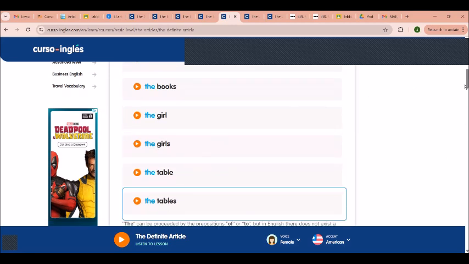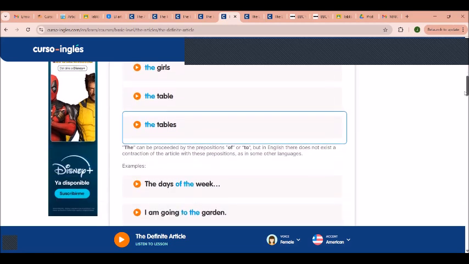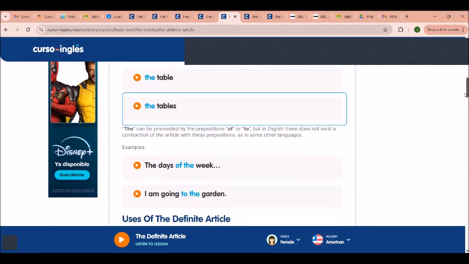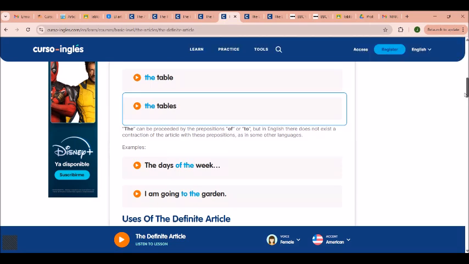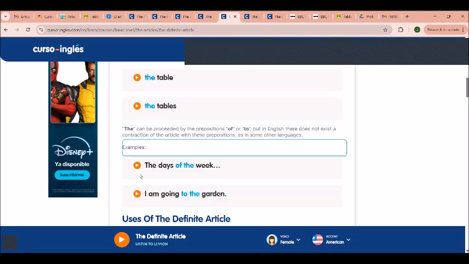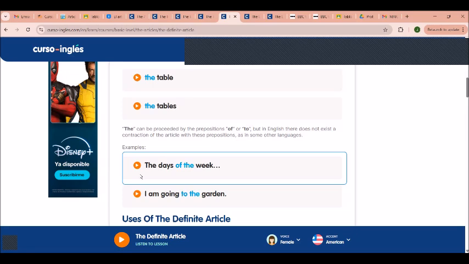In addition, we can combine it with the prepositions we were practicing last time. For example, the days of the week. I'm going to the garden. In both of these, we are being specific. Monday to Sunday are the days of the week.